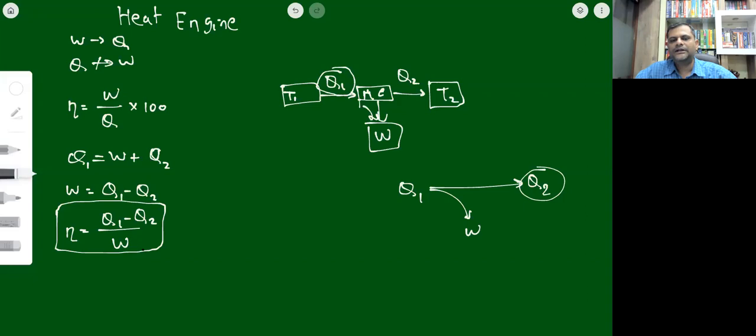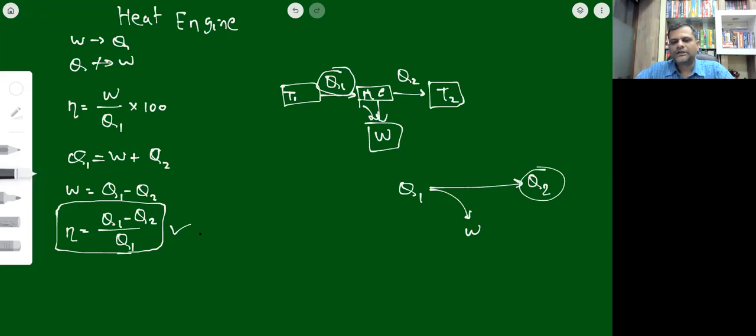Yes, and then again we can see, sorry, Q1 will be the original or input here with respect to which we want to compare this W. So W upon Q1 ये formula होगा efficiency के लिए, where we can just replace this W by Q1 minus Q2, and that is to be divided by Q1. This is again another formula for efficiency.